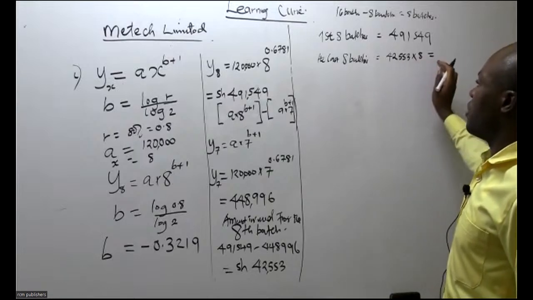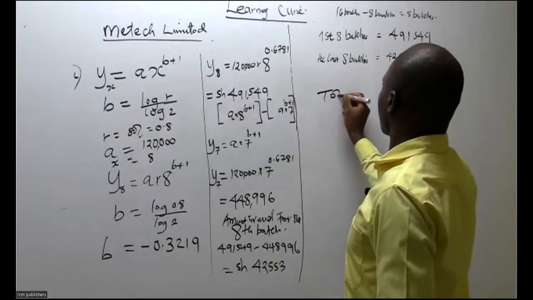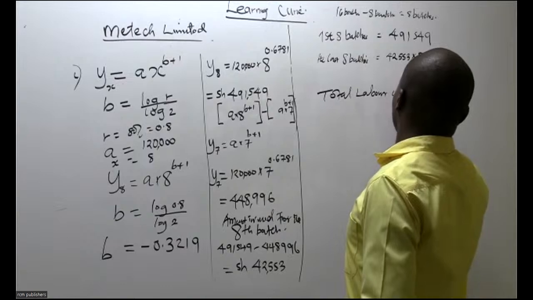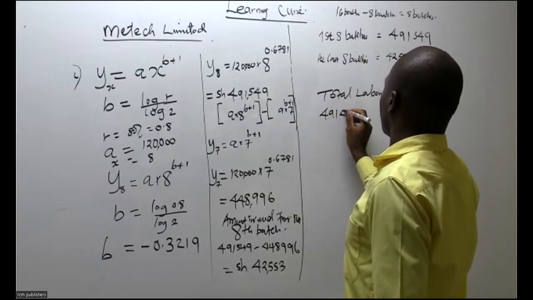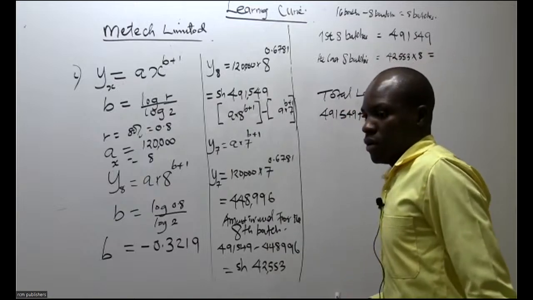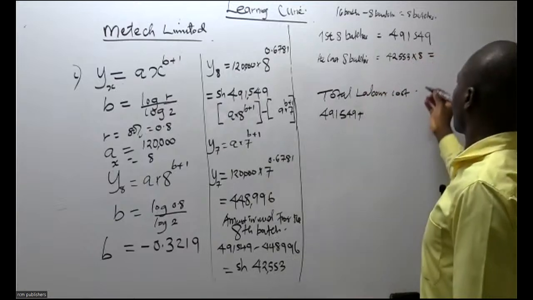42,553 times this. It will be 491,549 plus 340,424.